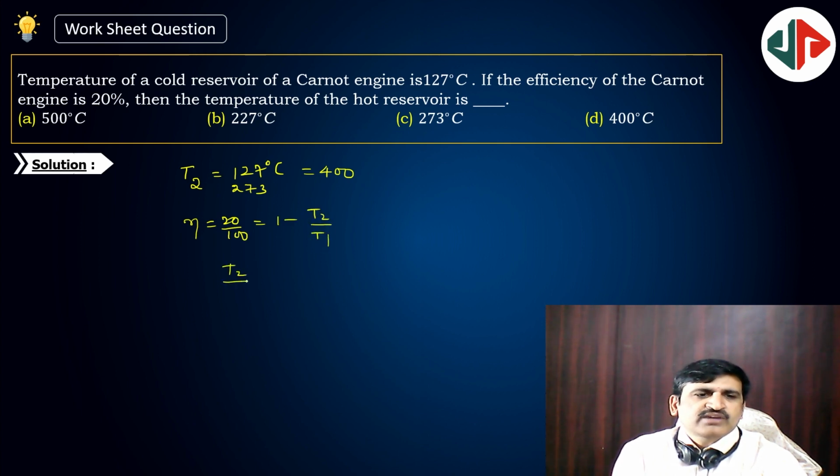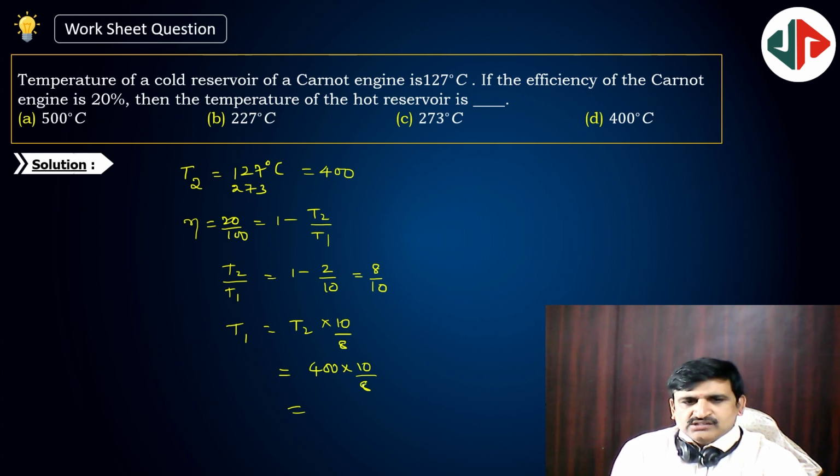So T2 by T1 is equal to 1 minus 2 by 10, which is 8 by 10. So T1 is equal to T2 into 10 by 8. T2 value 400 into 10 by 8, 500 Kelvin.